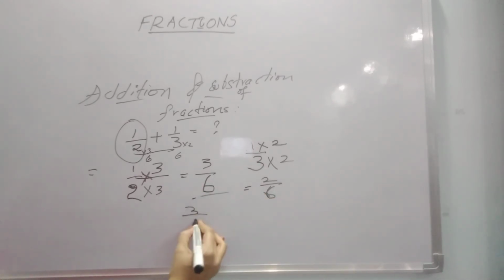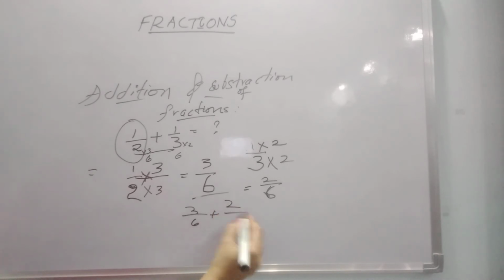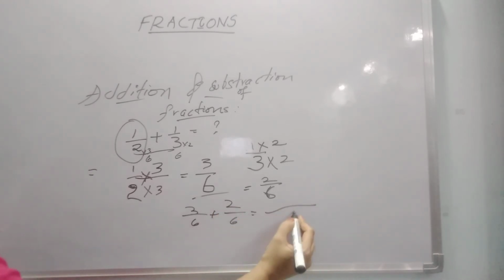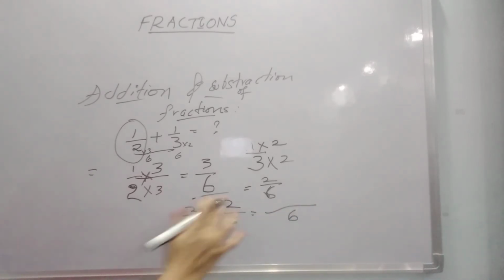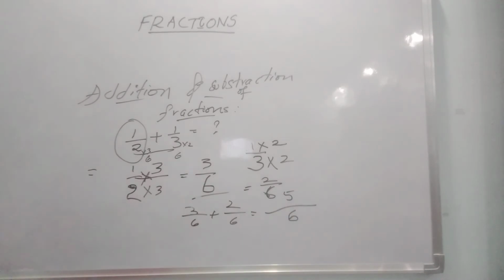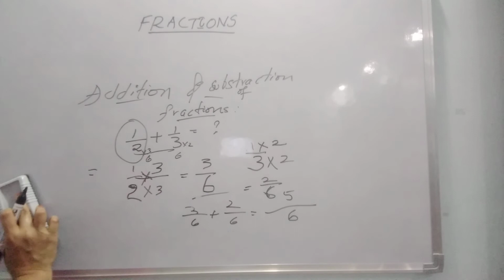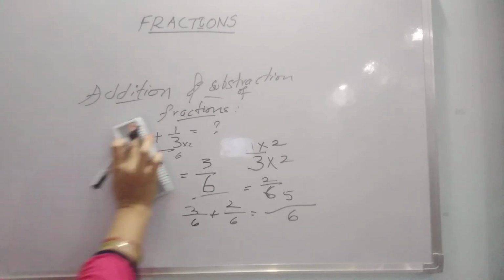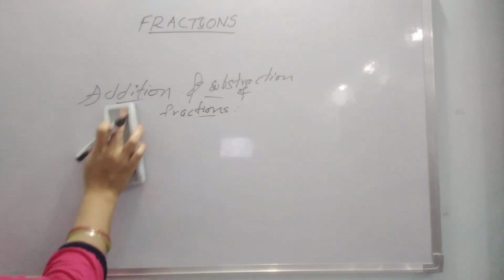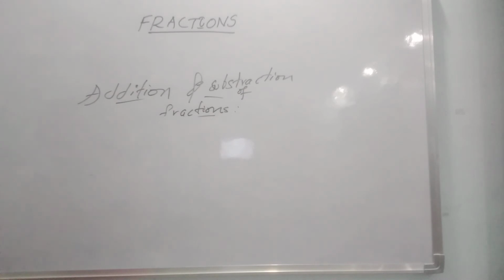Then 3 by 6 plus 2 by 6. That means the denominator will be 6 only. 3 plus 2, 5. Our answer is 5 by 6. We can add unlike fractions like this. First of all, we have to change unlike fractions into like fractions. Then we can add easily.